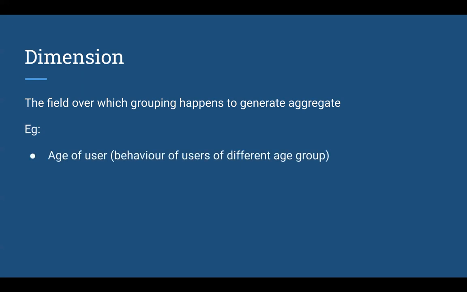If we want to analyze the behavior of a user, like how the user is behaving in a clickstream or application or on our, say, e-commerce platform, and we would like to see the behavior of different age groups, like how the teenagers behave, how the senior citizens behave, then the age of the user is a dimension because that's the field over which we perform the aggregation. And the aggregated field could be, say, purchase or interaction of the user with our application.